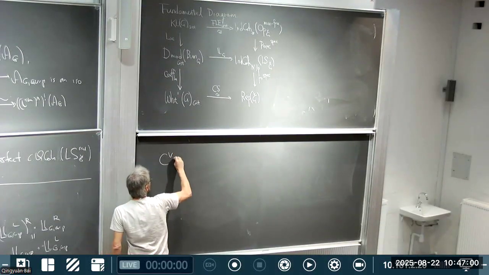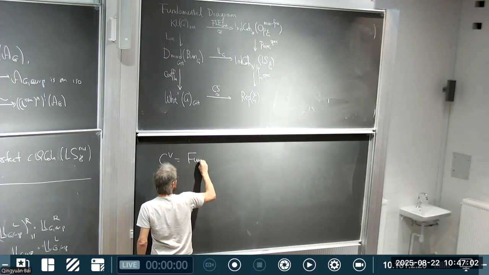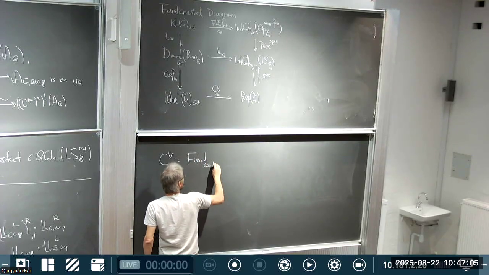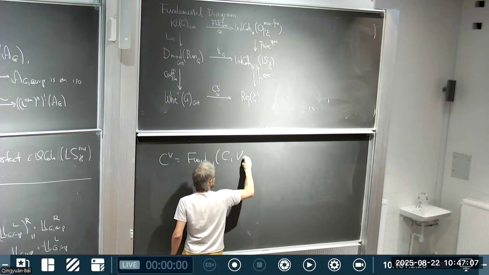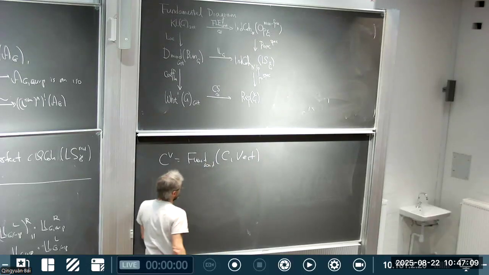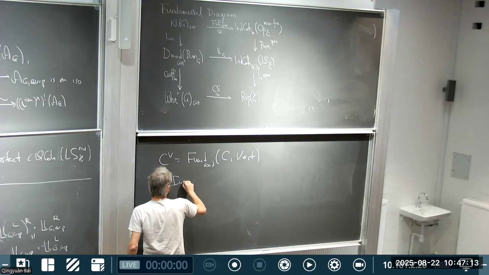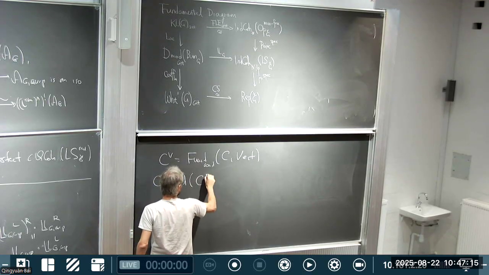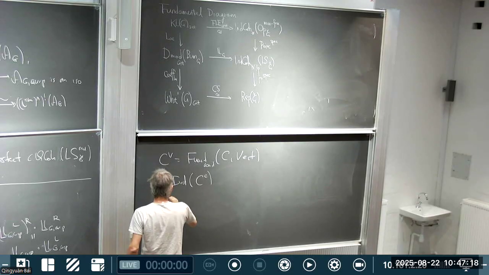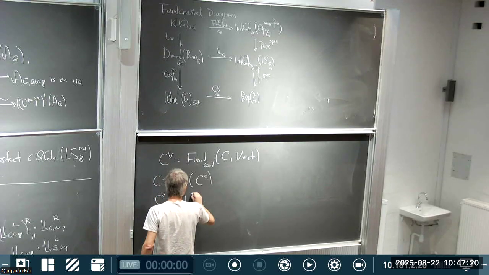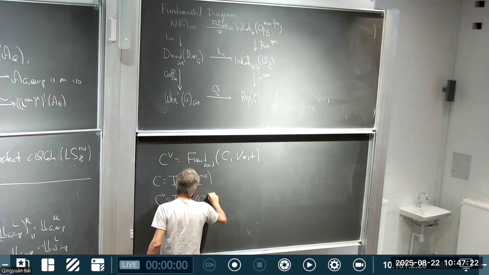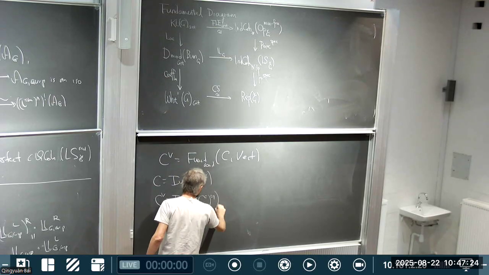Its dual you can think of as the category of continuous functors from C to vector spaces. Or you can describe it explicitly as follows: your category being compactly generated, it's the ind-completion of its compact objects, and C check is the ind-completion of the opposite category.